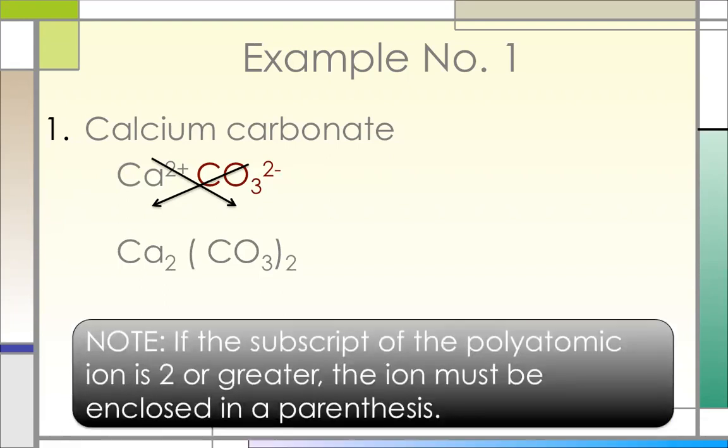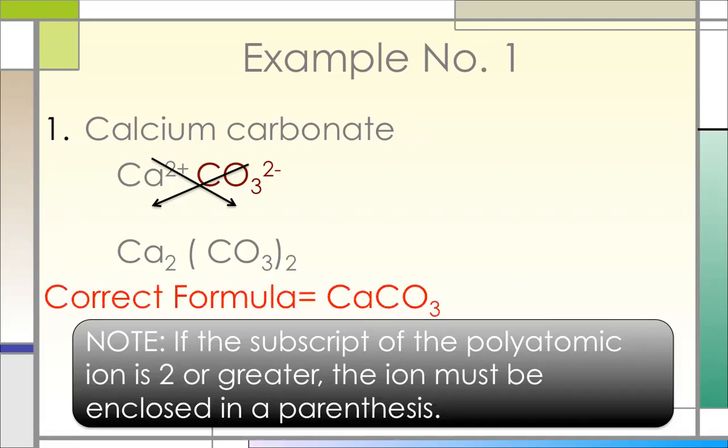So note, if the subscript of the polyatomic ion is 2 or greater, the ion must be enclosed in parentheses. When the subscript of the polyatomic ion is 2 or more, you need to enclose it in parentheses to segregate the proper number of atoms in each ion.